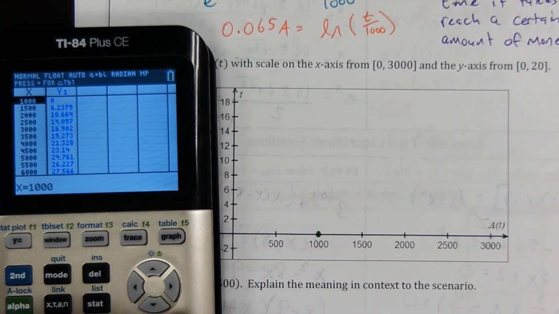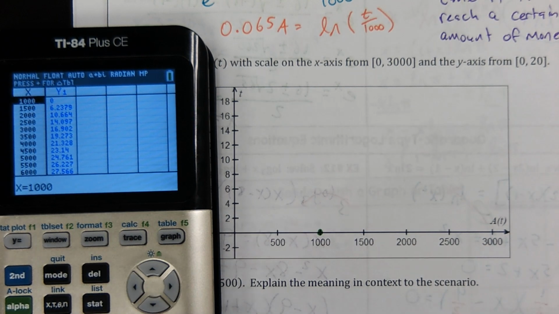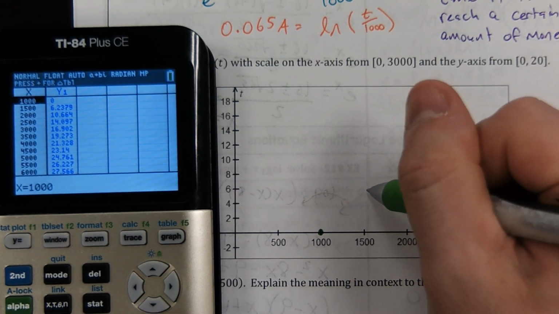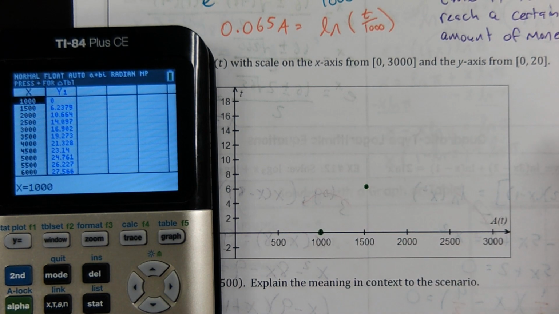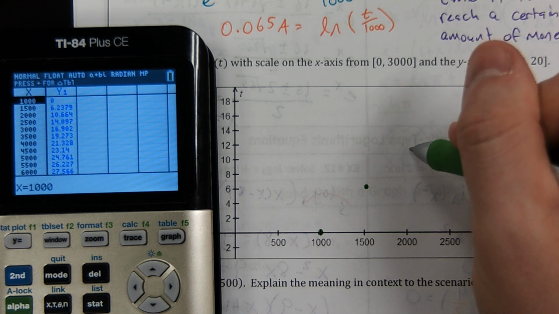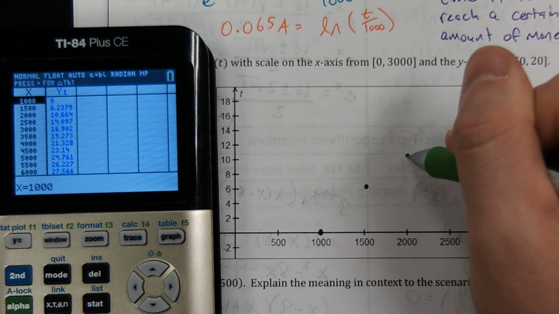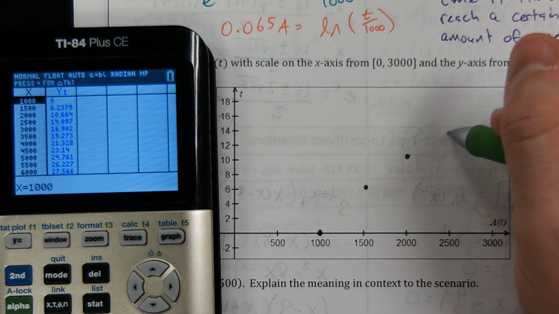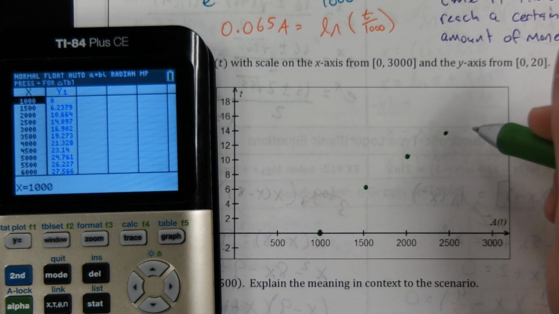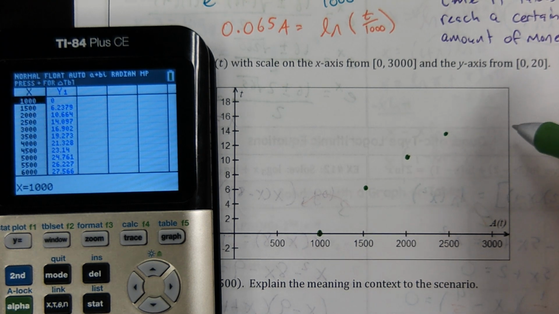So 1,000, 0, 1,500, 6 and change. 2,000, 10 and a half-ish. 2,500, 14. And 3,000, almost 17.